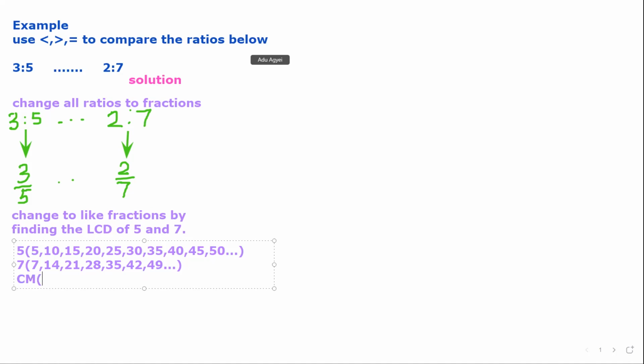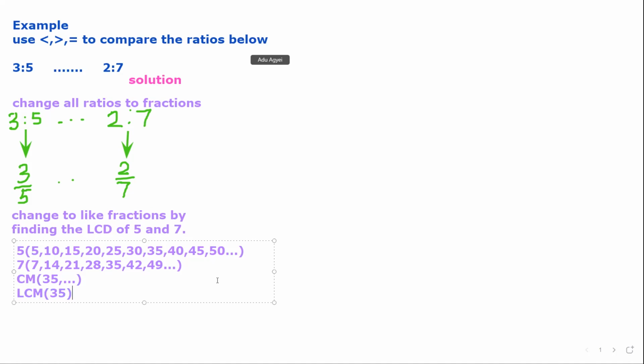And I hope we have 35. Okay, so 35. And then when you continue, you definitely get 70. Okay, good. Then within this common multiples, you list the least one in the common multiples. And once we have 35 to be the least here, so the least common multiple will be 35. Okay, good.